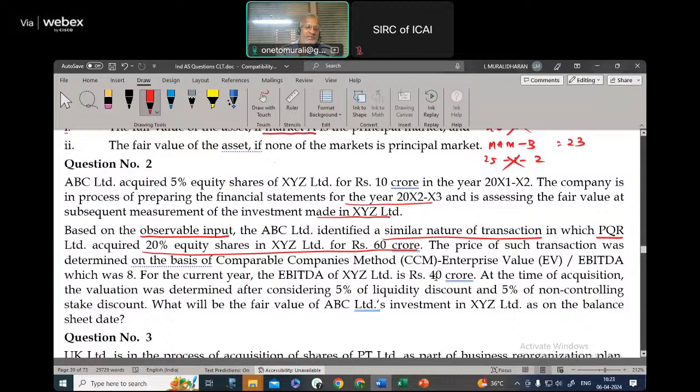The price of such transaction was determined based on comparable companies method CCM, where you have a measure of enterprise value divided by EBITDA is expected to be 8. Enterprise value is equal to EBITDA multiplied by the multiple which is 8.